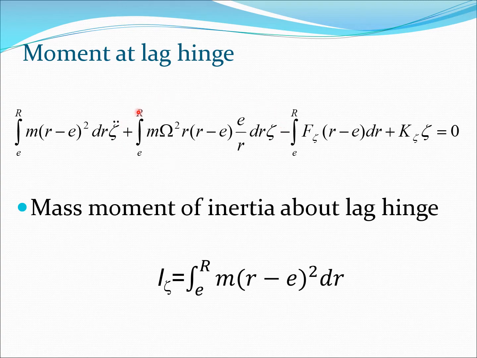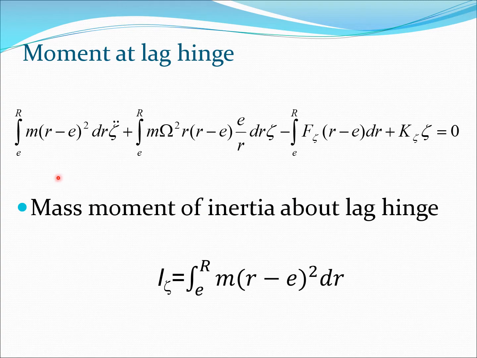The second term comes from the centrifugal force, and in each case you are seeing that I have taken the force component, like the centrifugal force, and multiplied it by the moment arm component. You have the component from the fluid dynamic forces, and then you have the spring moment. Now these forces being calculated on that small mass m dr, or the portion dr, we have to integrate them from E to R. So we take the moment at the lag hinge, and naturally because it's a hinge the moment is going to be 0, so we set this entire thing equal to 0.